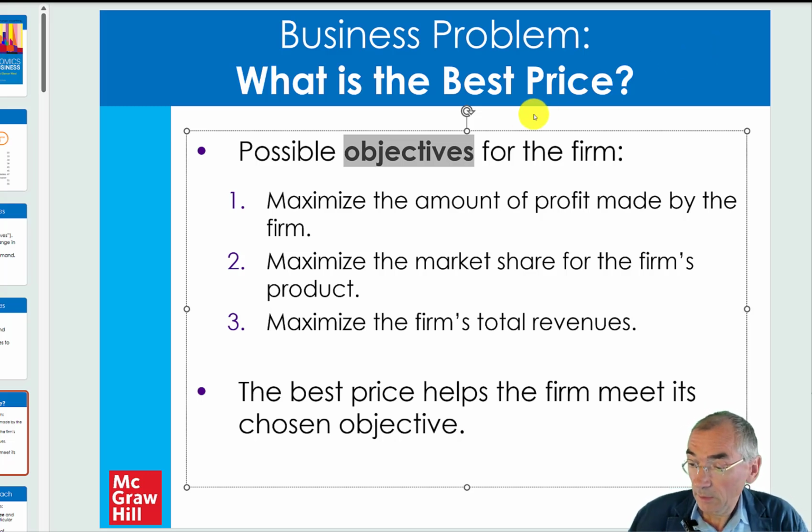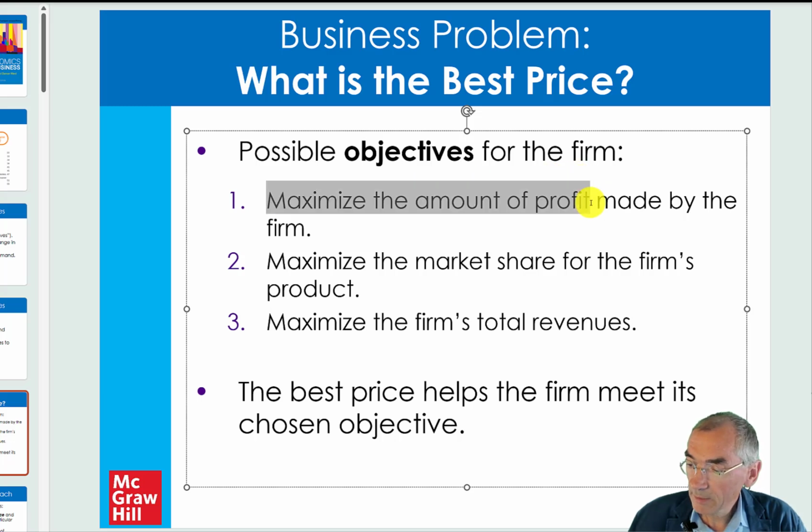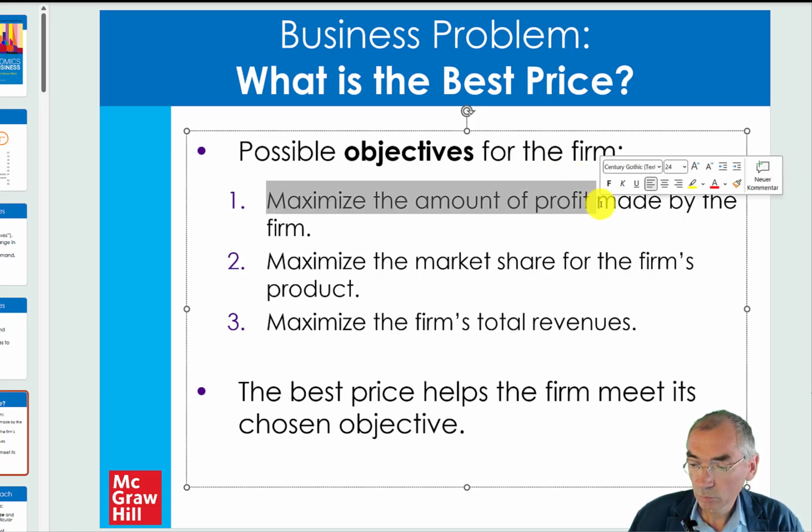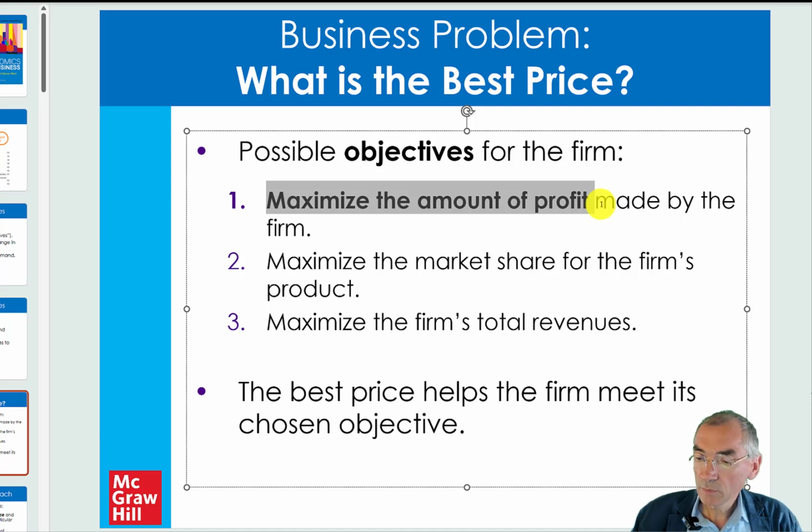And the typical assumption that we make is they want to maximize the amount of profit. That's the typical task of a firm. If you work in the management of the firm, one thing that you want to achieve is maximizing the profit.